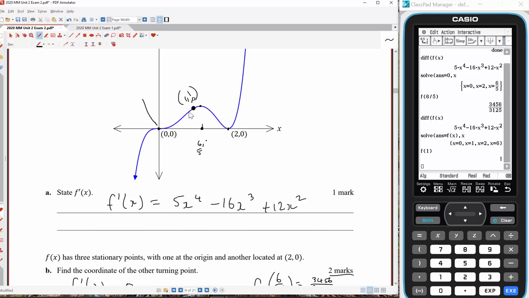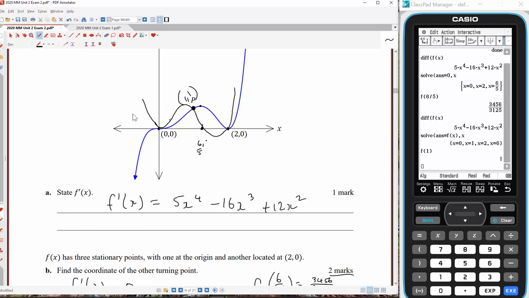Then it's got a positive gradient up to this point here, and then it's going to have a negative gradient. So it's going to go something like this. It's got to go through that point because we know that's when they're equal. So it goes negative, then it comes back up again, 0 gradient, and then a positive gradient, so something like that.